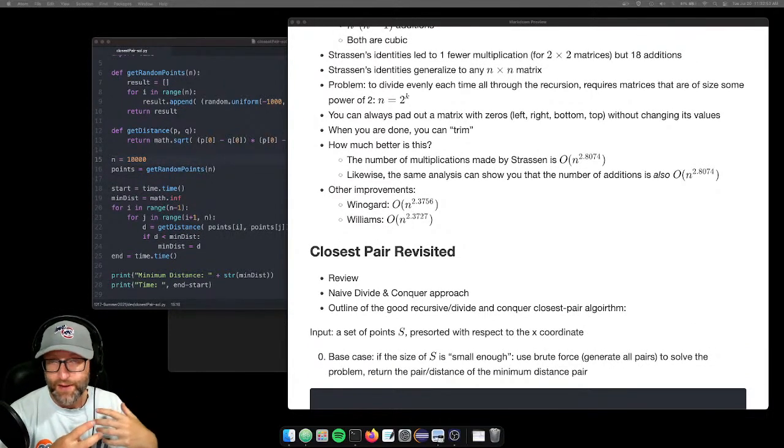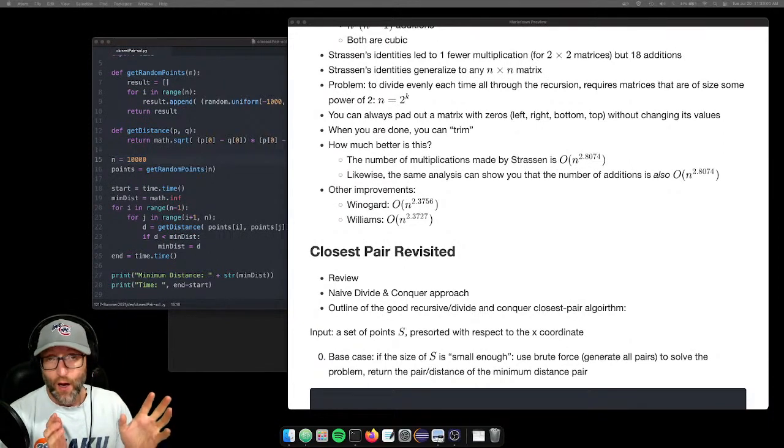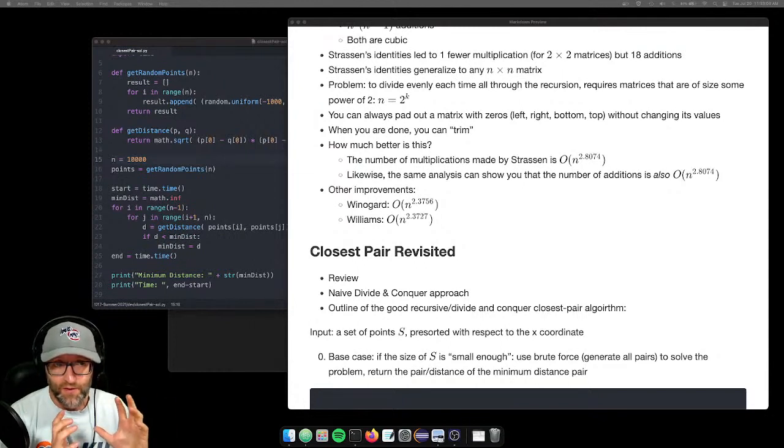That's the naive case. If you get down to 100 points, especially when you actually program this, we will be testing it against 1 million, 10 million, a billion points or whatever. Recursing after a certain point doesn't pay off anymore. So you can actually set and tune that as a variable.